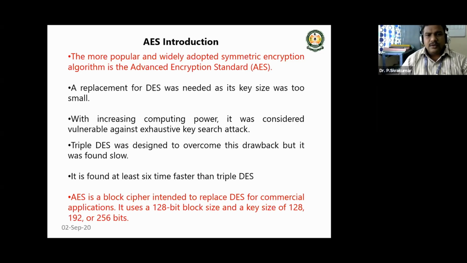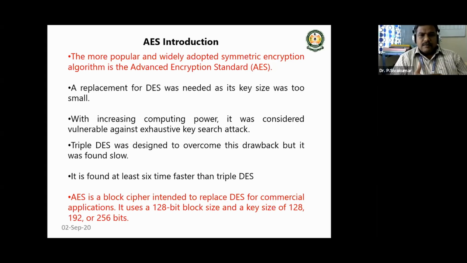Okay, so normally a replacement for DES was needed as its key size was too small, because DES has only a 56-bit key. Then the researchers planned to develop the AES algorithm. With increasing computing power, DES was considerably vulnerable against the exhaustive key search attack, that means brute force attack. Triple DES was designed to overcome this drawback.